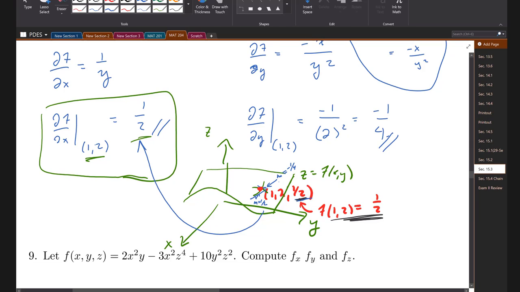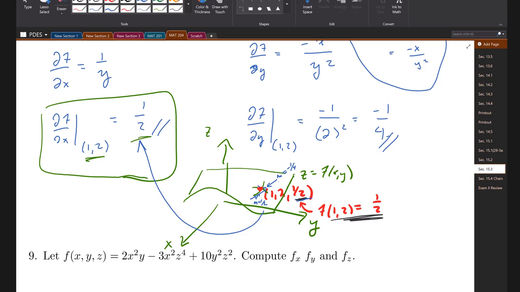Meaning, go to the ordered triplet 1 comma 2 comma 1/2, step a little bit in the positive y direction, and you're going to be going downhill at a rate of negative 1/4. Great questions, folks.